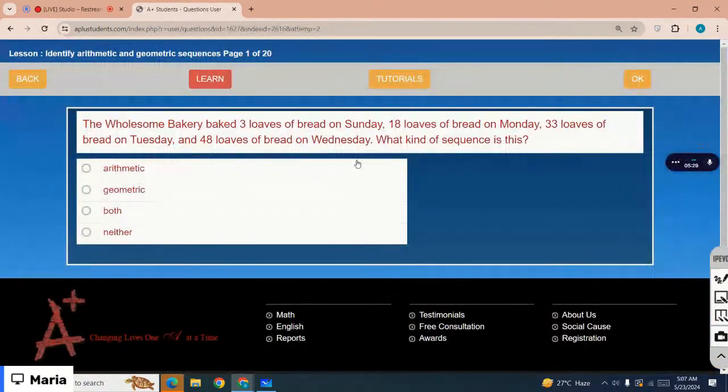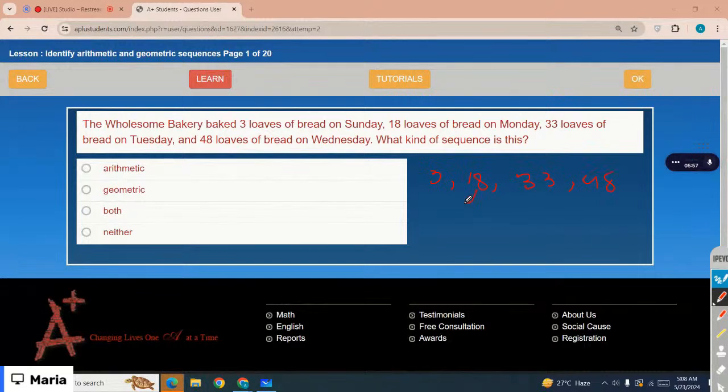The Wholesome Bakery baked 3 loaves of bread on Sunday, 18 loaves on Monday, 33 loaves on Tuesday, and 48 loaves on Wednesday. What kind of sequence is this? The numbers involved in the sequence are 3, 18, 33, and 48.